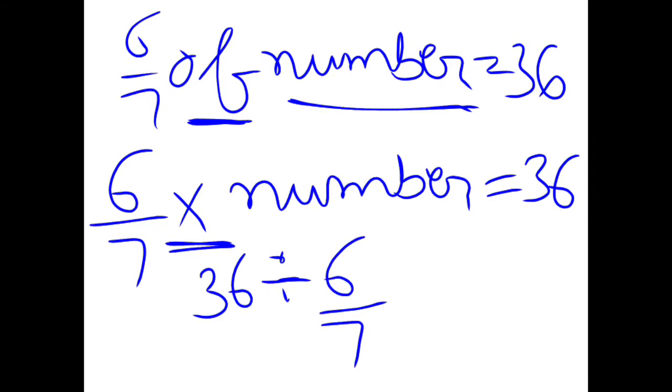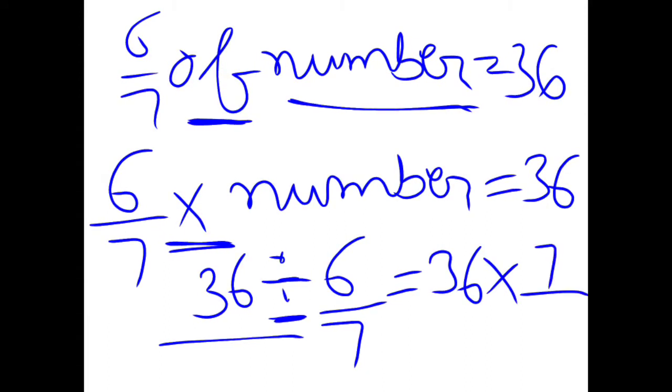Now you can solve this according to the rule: 36, change the division sign to multiplication, and it becomes 7 upon 6. 6 ones are 6, 6 sixes are 36. Finally, you have two values, 6 and 7.